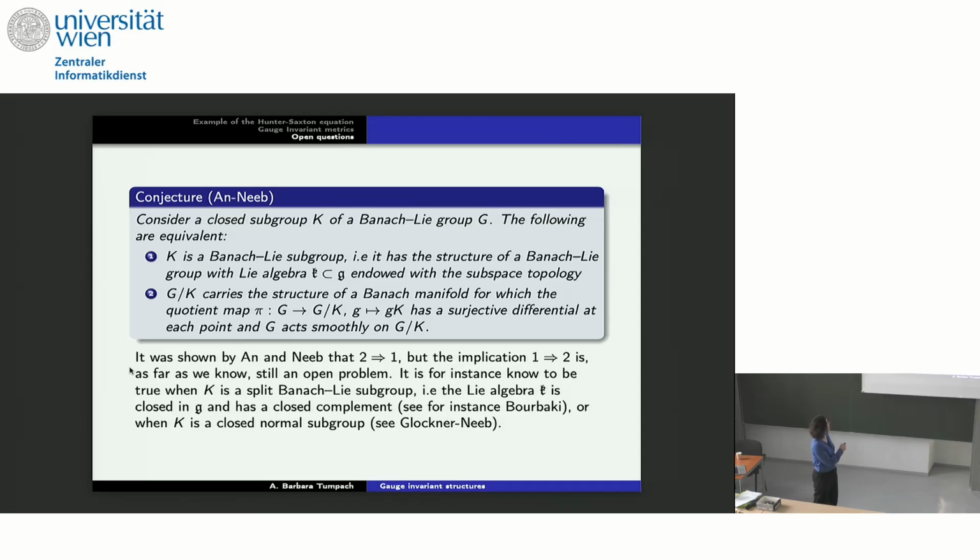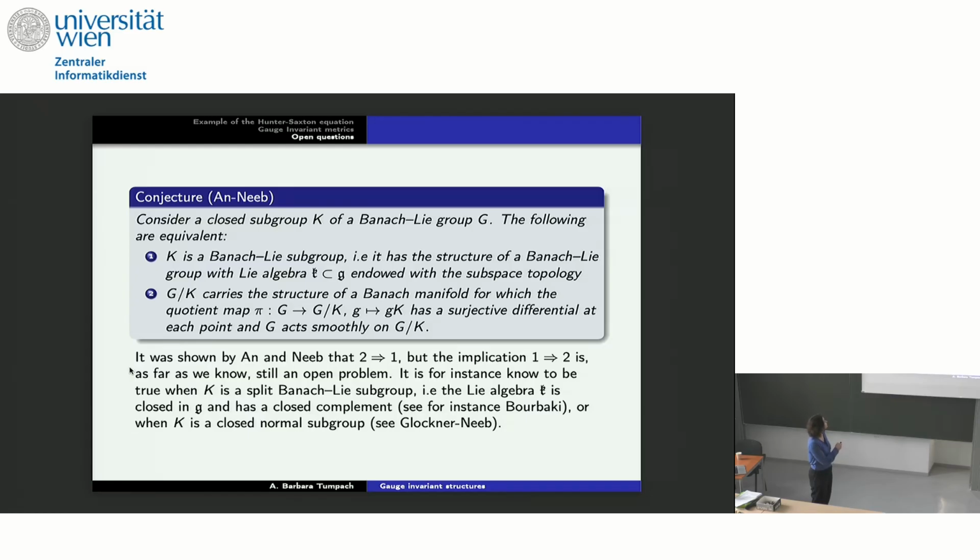The conjecture says that this is equivalent to (2) the quotient G mod K carries a structure of Banach manifold, for which the quotient map is such that its differential is surjective, and G acts transitively on the quotient. So you have a kind of fiber bundle here. It doesn't say if the fiber bundle is locally trivial, but anyway.